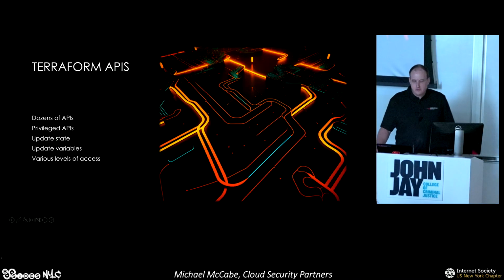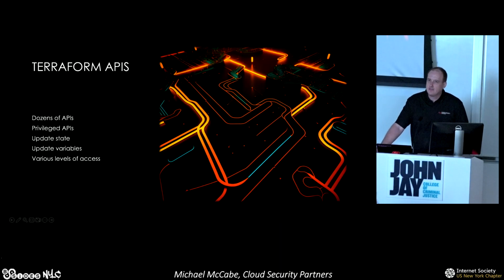Another fun thing, Terraform obviously has its own APIs. If you're using something like Terraform Cloud or Enterprise, it has its own set of APIs. The one that terrifies me the most is, as I talked about with state, it is a representation of what you have in your environment, whether that's cloud or otherwise. You can do something called a Terraform import, where you import current running state into your state, and then you can manage it through Terraform, even if you haven't provisioned it through Terraform.